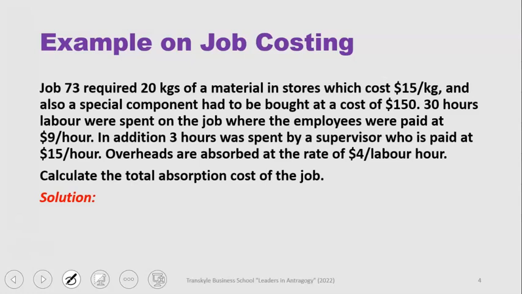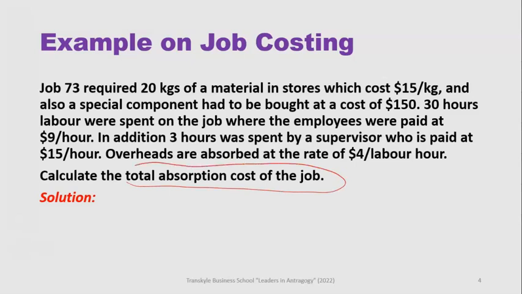Then 30 hours labor was spent on the job, where the employees were paid at $9 per hour. In addition, 3 hours were spent by a supervisor who is paid at $15 per hour. Overheads are absorbed at the rate of $4 per labor hour. And the question is saying, calculate the total absorption cost of the job.